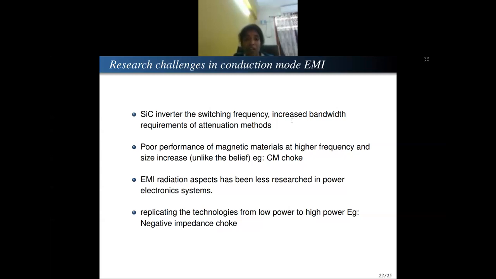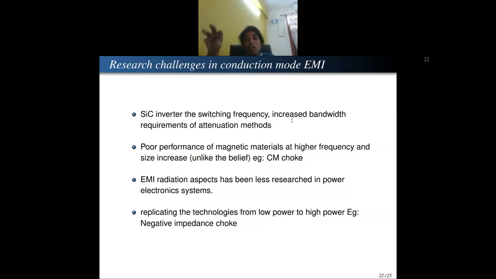Another problem is replicating the technologies from low power to high power. For example, we have been working on negative impedance. What is this negative impedance focus? A negative inductor, a negative capacitance. Is it possible to make it? You look at the electronics side of this.